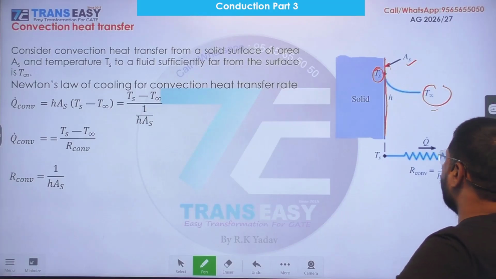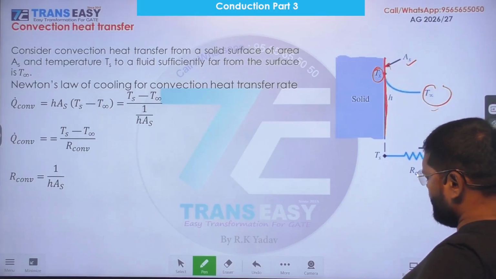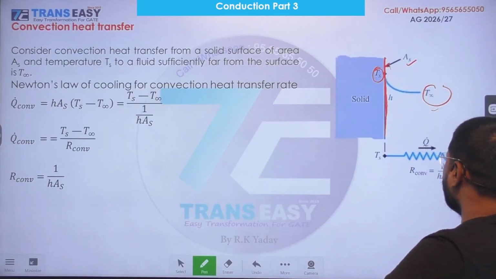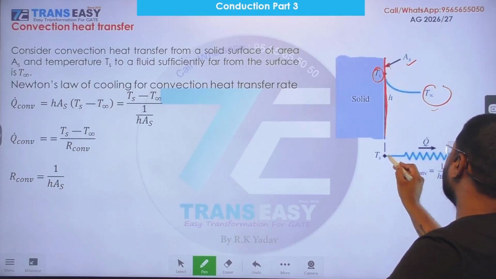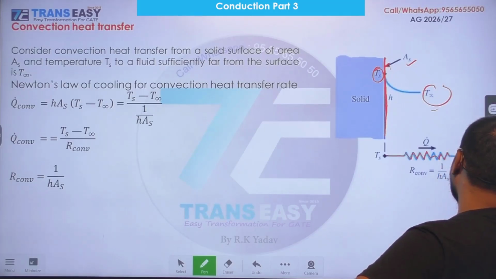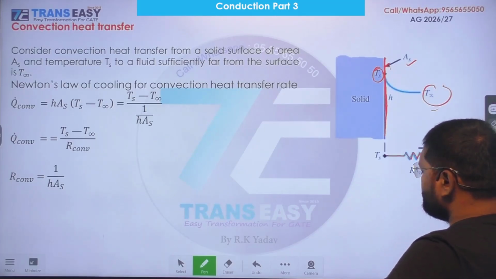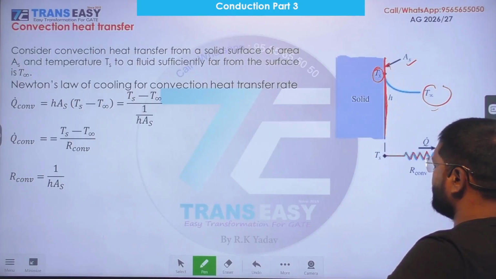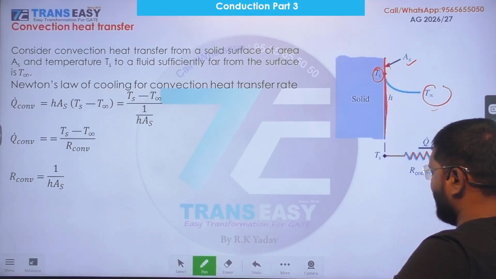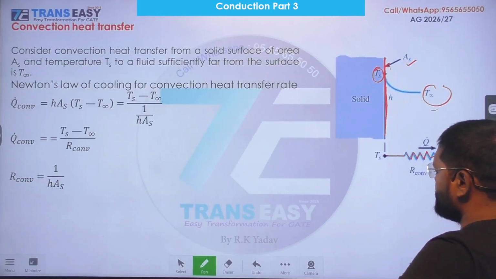fluid sufficiently far away from the effect of the surface of the solid. So, this is analogous to flow of electric current through an electric resistance under a potential difference of V1 minus V2.